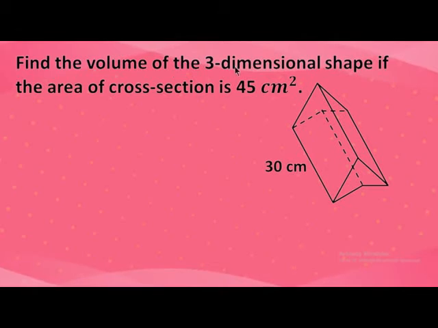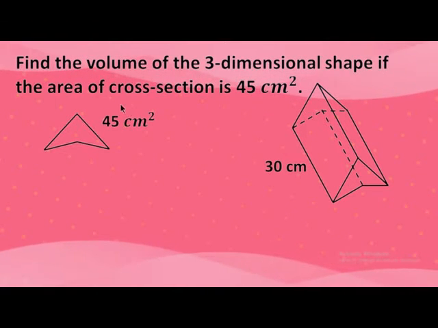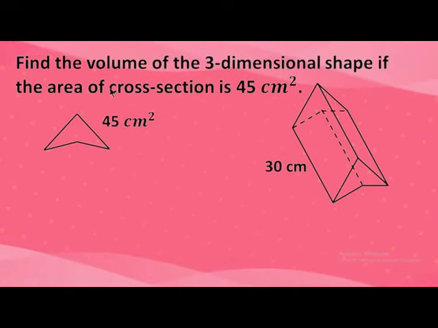Next example. Find the volume of the three-dimensional shape if the area of a cross-section is 45 centimeter square. We have discussed this prism, that the cross-section is this side and also this side. Since they are congruent, or the same size, we just pick one of them. So this is the shape of the cross-section. From the question, we know that the area is 45 centimeter square.